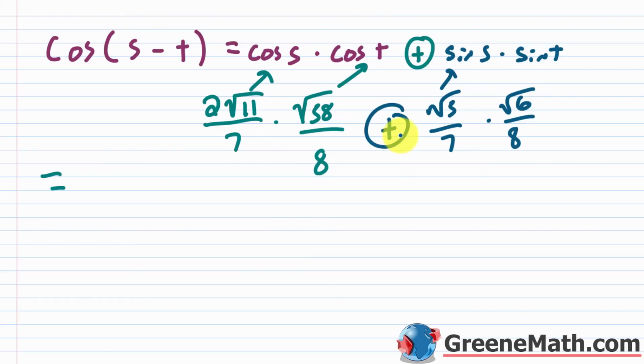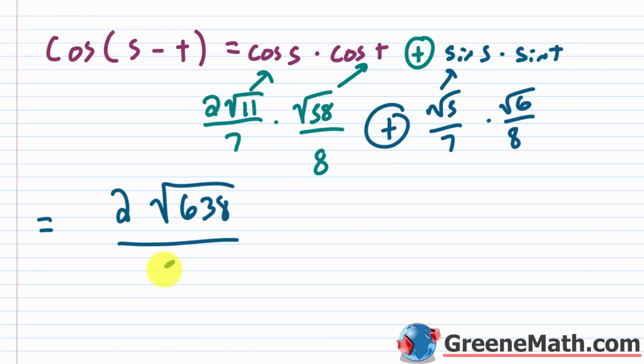So let's go ahead and say this is 2 times the square root of 11 times the square root of 58. Now really you can't do anything with that, because 11 times 2 times 29, there's really nothing else you can do other than to say this is the square root of 11 times 58, which is 638, over 7 times 8 is 56. So then plus over here, the square root of 5 times the square root of 6, that's the square root of 30, over 7 times 8 again is 56.